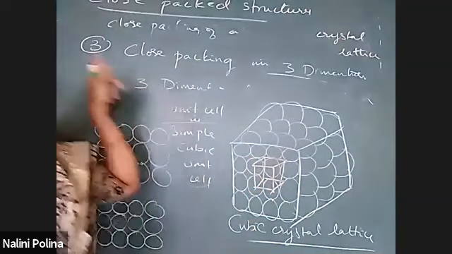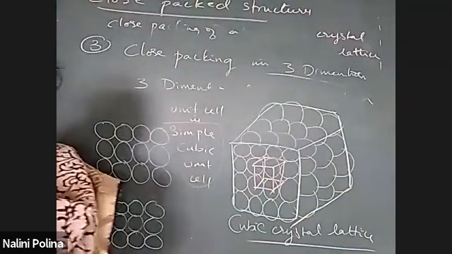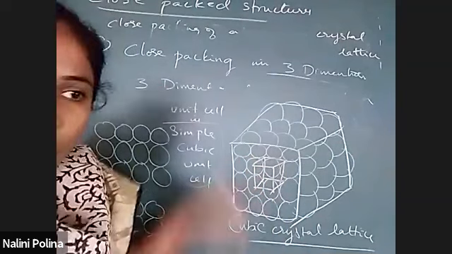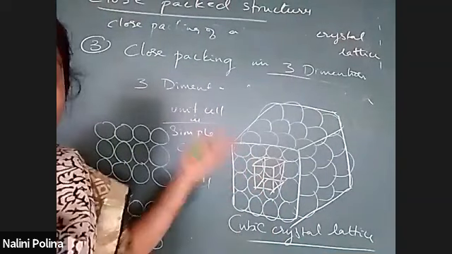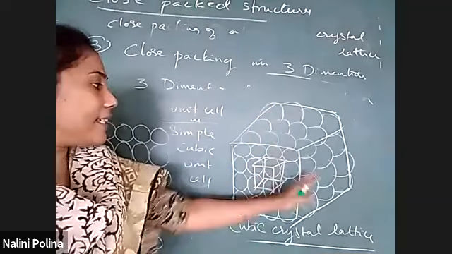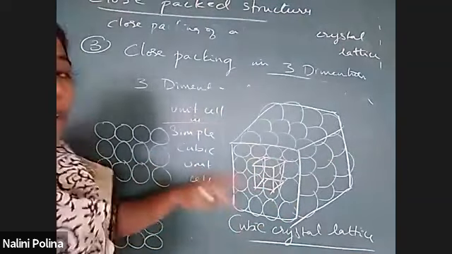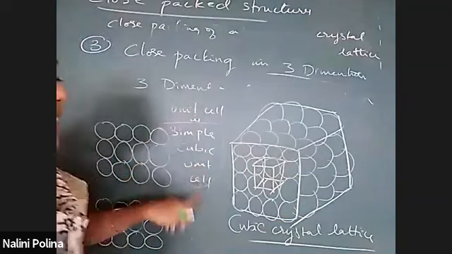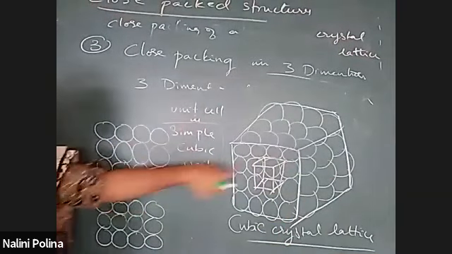So on the 2-dimensional square close packing, if we take the 3-dimensional view, you get something like this. And here the unit cell is of which type? The unit cell is a simple cubic unit cell.